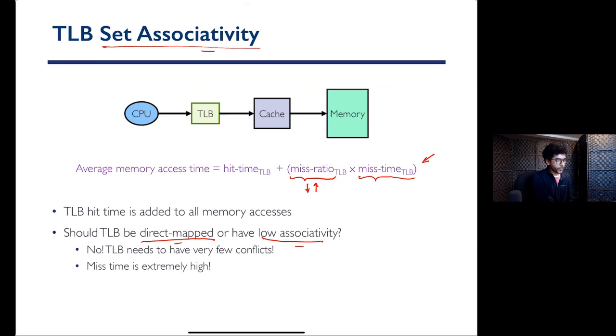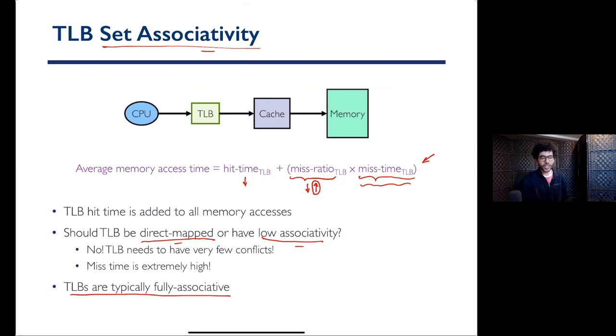So if you go with direct map, you're going to bring your hit time down, but you're going to increase your miss ratio. And if your miss ratio goes up, this miss time is going to show up and hit you really hard. So instead, you might actually go with fully associative cache, which is typically the case.